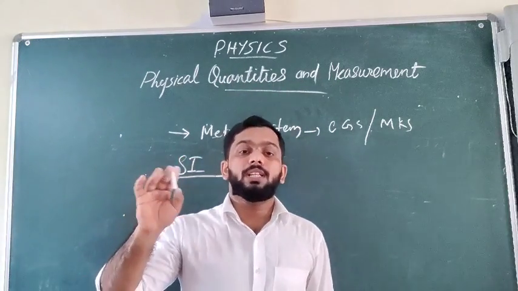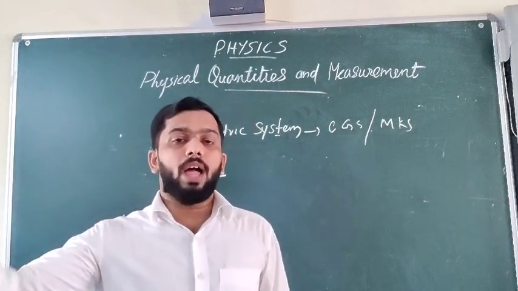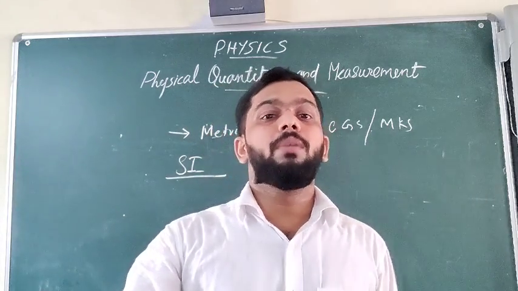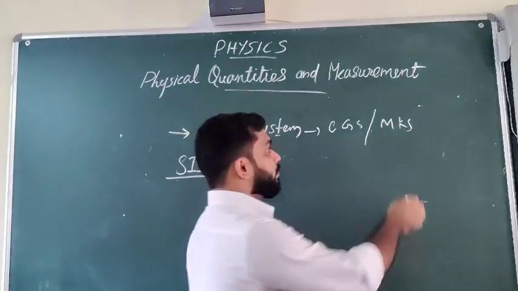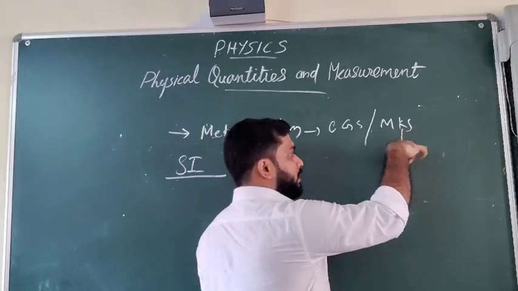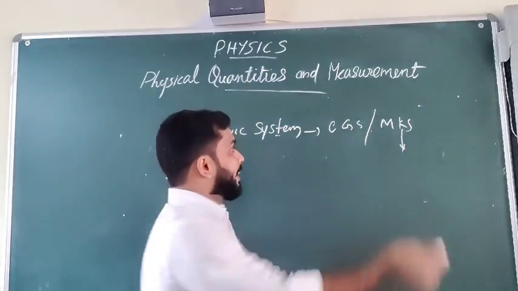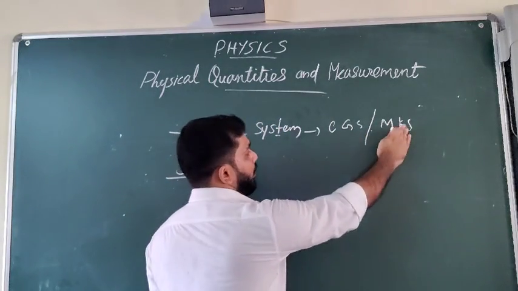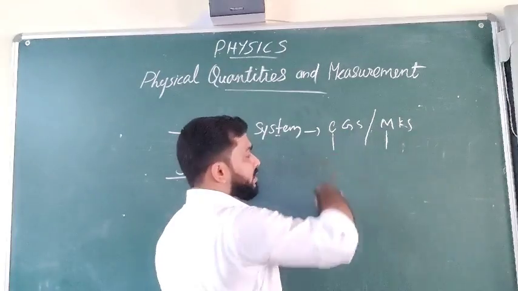So if you want to measure the distance from one city to another, it can be 10 kilometers. It is very easy to express in kilometers rather than in meters or centimeters.